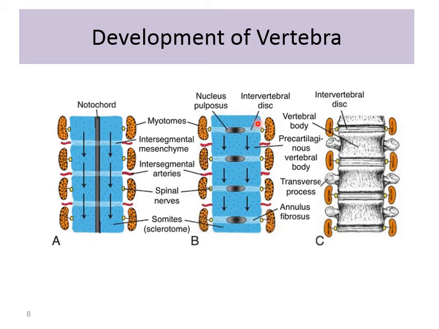In B, in further development, there is proliferation of the caudal half of one skeleton into the cranial half of the subjacent skeleton. And note the appearance of the intervertebral disc.